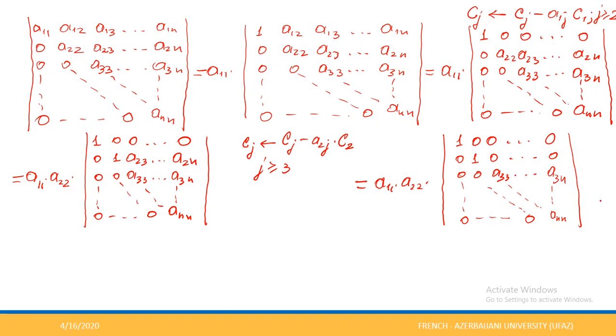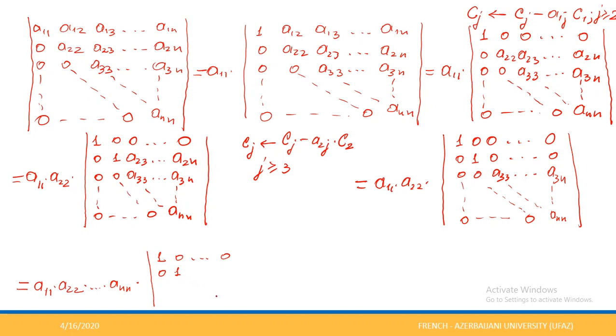If we continue this procedure column by column, then in the end, the result will be a11 times a22 times ann multiplied by the identity matrix 1, 0, 0, 0, 1.